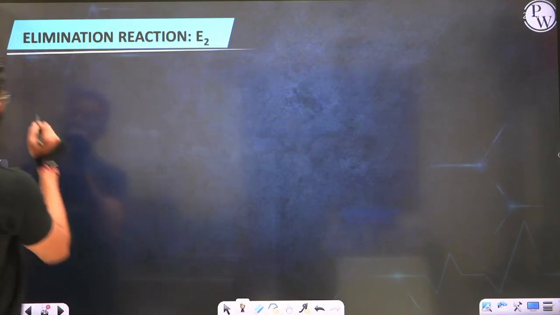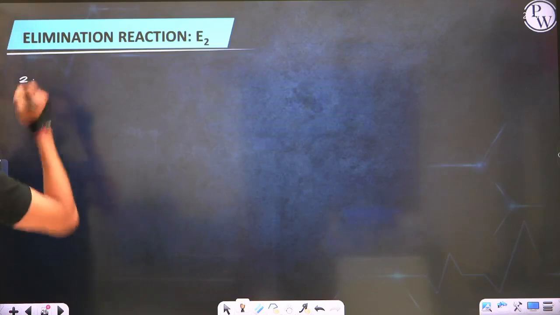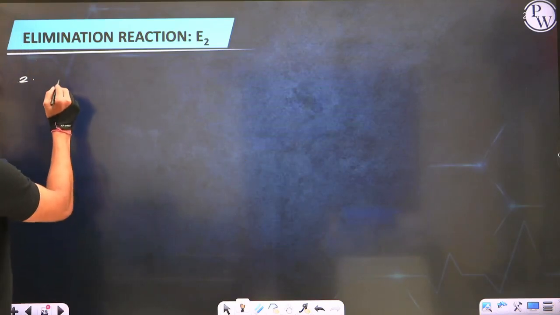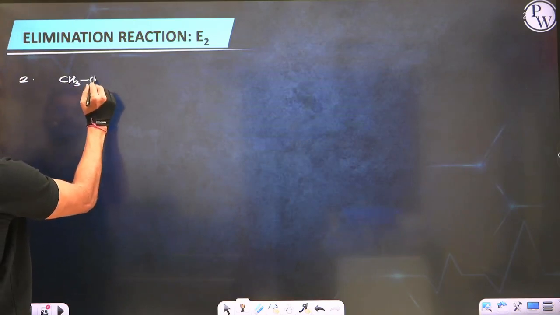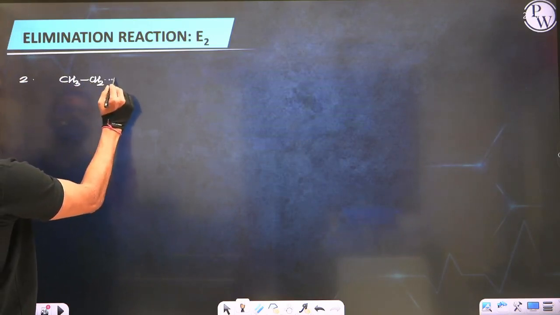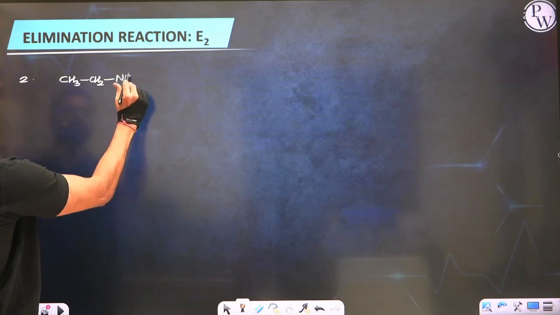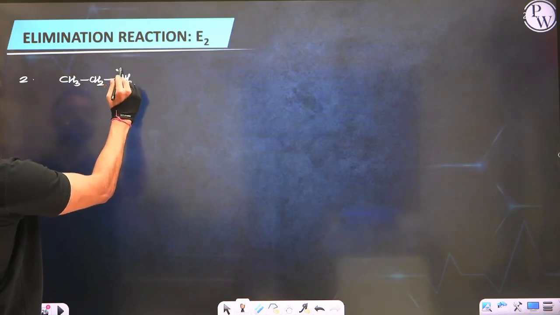Let's say we have got a compound like this: CH3, CH2, NH2 and a lone pair.